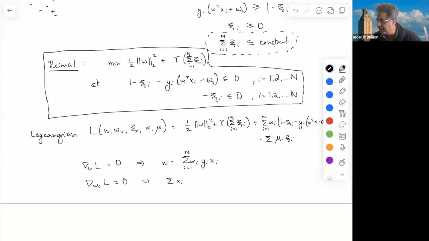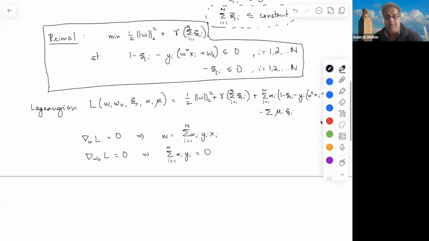When I say balancing constraint, remember y i's are either plus 1 or minus 1. So it just says that the sum of the alpha i's for class 1 is the same as the sum of alpha i's for class 2.